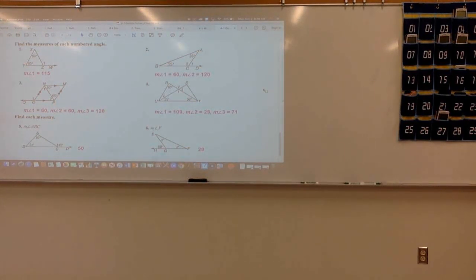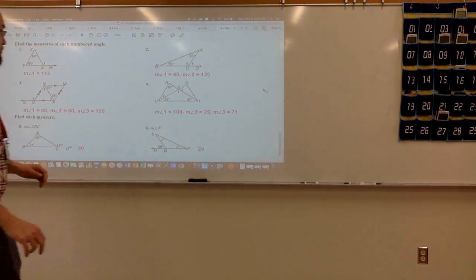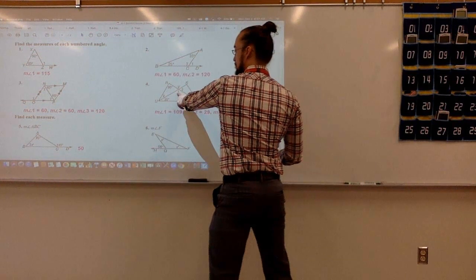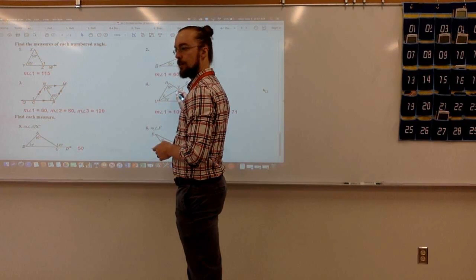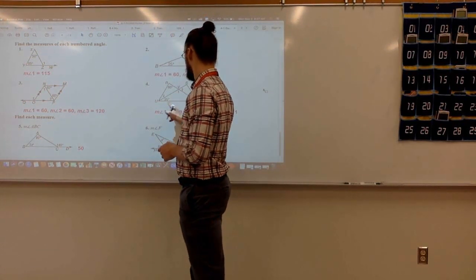What do these arrows mean? I feel like they have nothing to do with it. Wait, where's the line that it goes out?